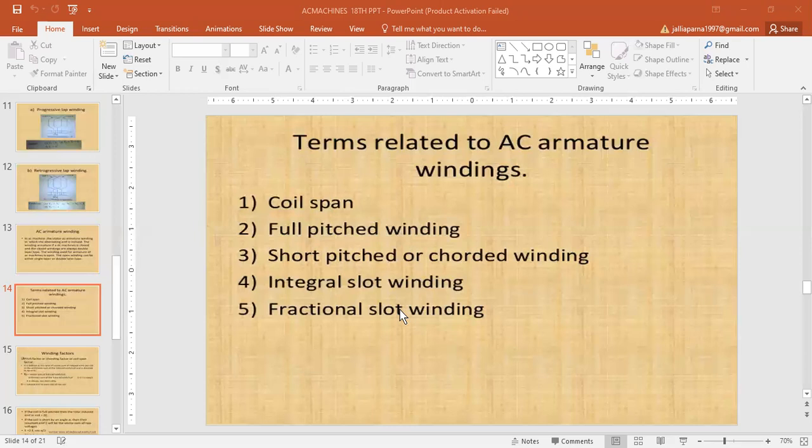Pitch factor Kp equals EMF with the short pitched winding divided by EMF with the full pitched winding, so equal to the vector sum of the induced EMF per coil divided by the arithmetic sum of induced EMF per coil. It is always less than unity, Kp less than 1.